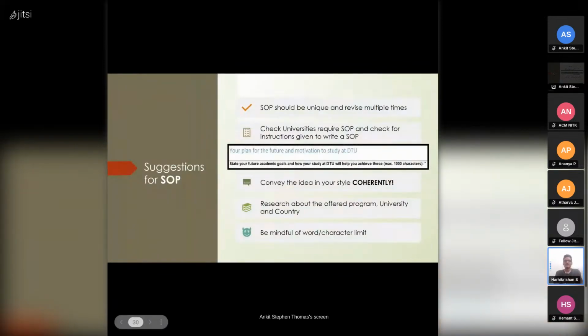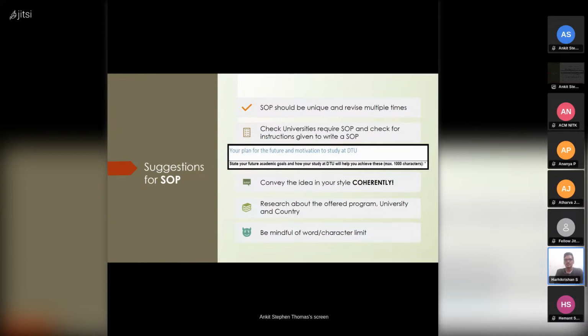When you write an SOP, keep some things in your mind. An SOP should be unique. Please don't refer to other SOPs and how they are writing it, because universities just prefer how you are trying to convey your ideas. That's the main criteria the universities expect from you.